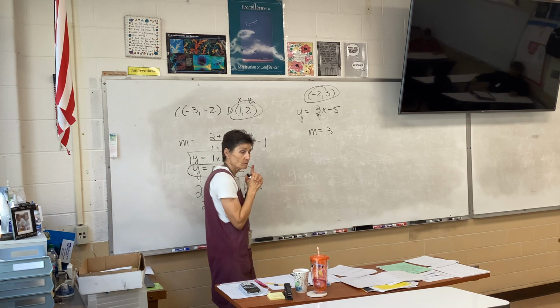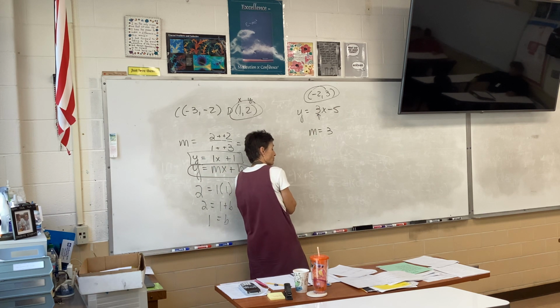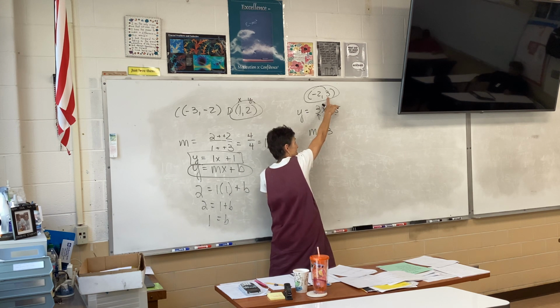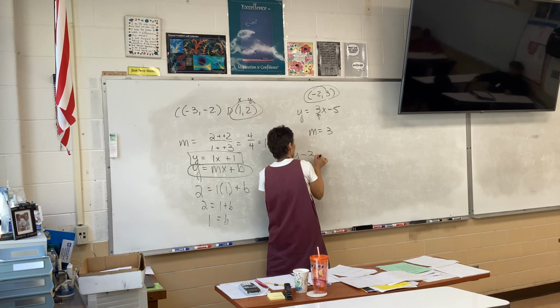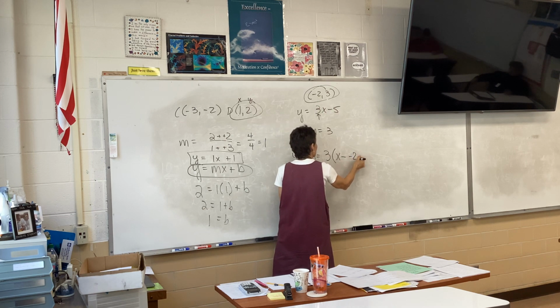So here we go. Brennan and I are point slopers, so we're gonna use point slope. y minus 3 equals m, x minus x.